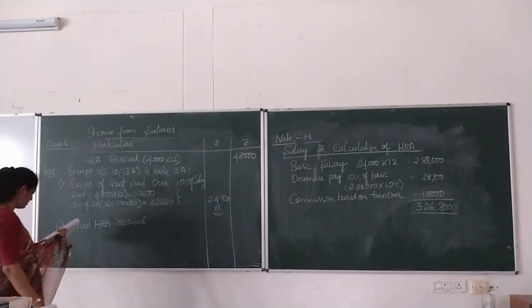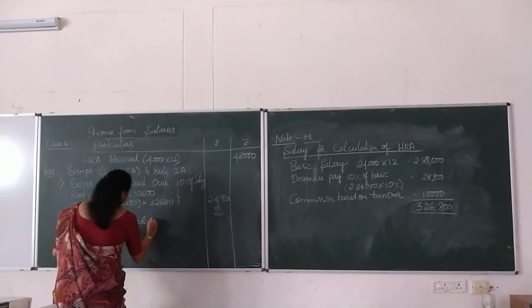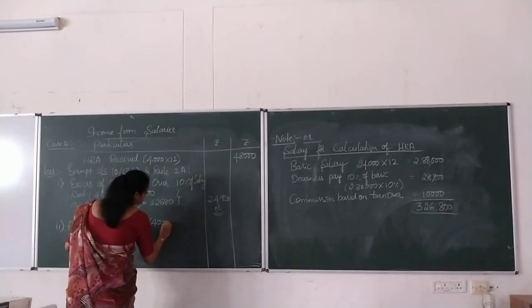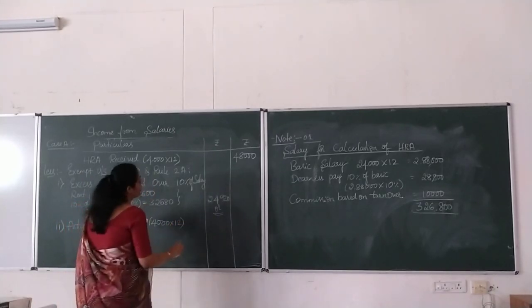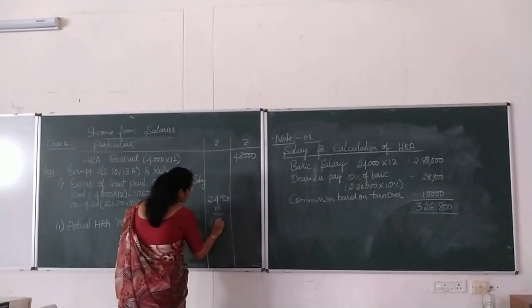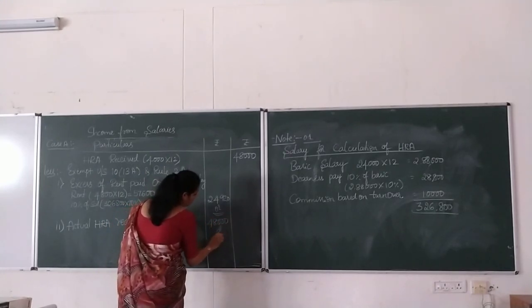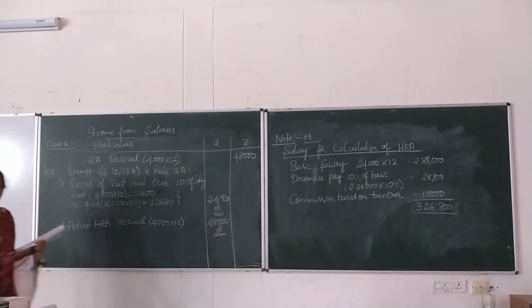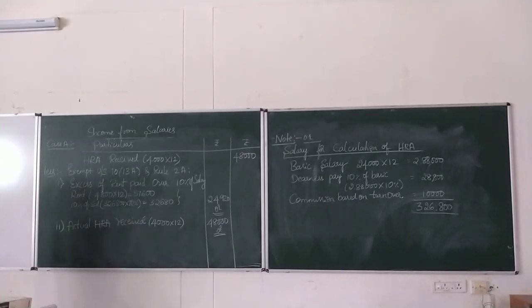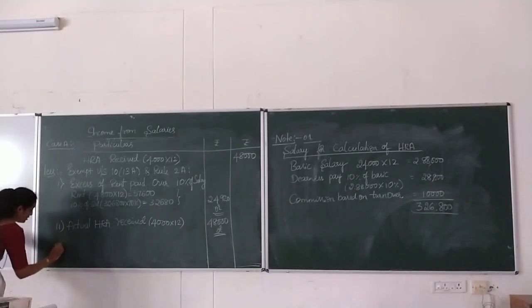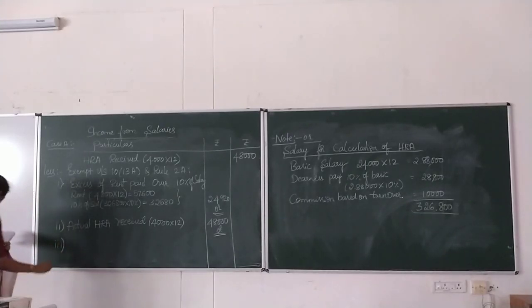What is the actual HRA received? 4,000 into 12, 48,000. Or third one, he lives in Bangalore, which is not a metropolitan city, so 40% of the salary.